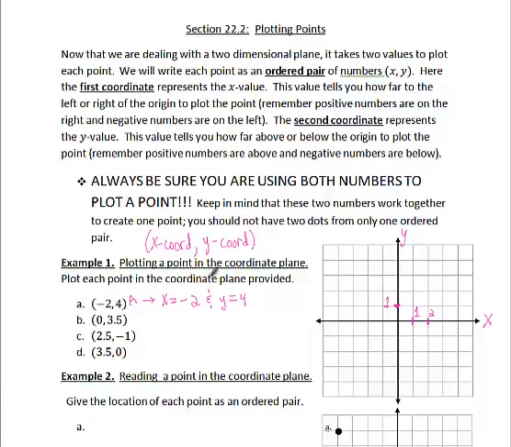That's what this pair of coordinates tells us. So let me clear my grid, and you know that 1 is the width of one square.